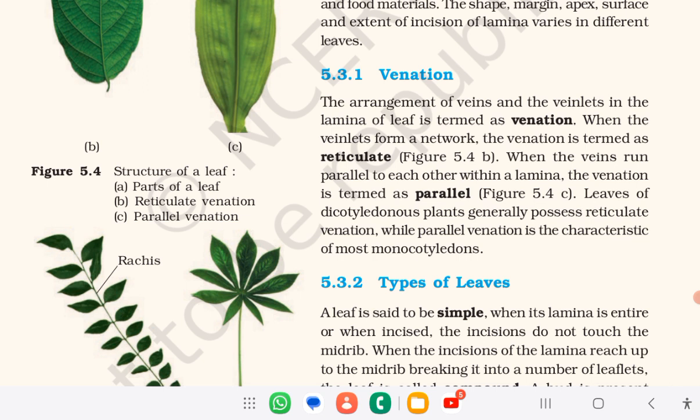When the veins run parallel to each other within a lamina, the venation is termed parallel. Leaves of dicotyledonous plants generally possess reticulate venation, while parallel venation is characteristic of most monocotyledons.